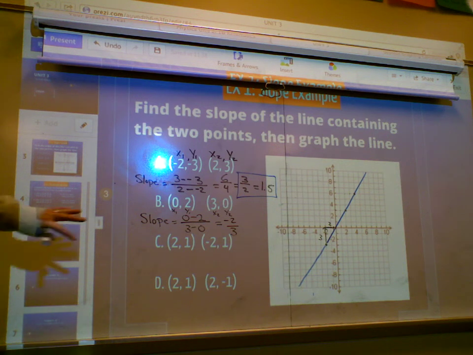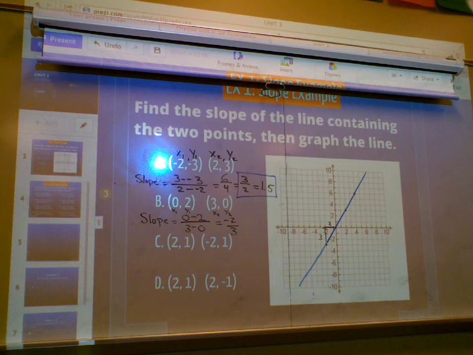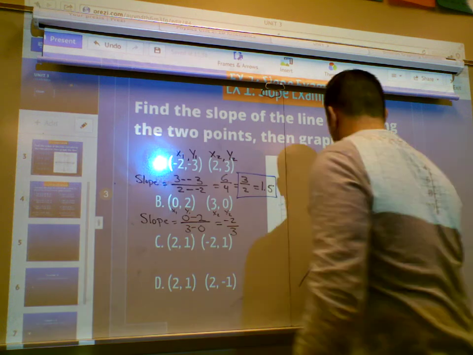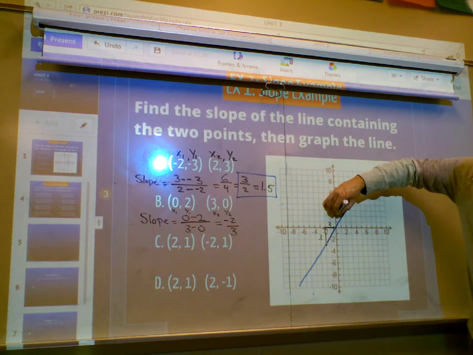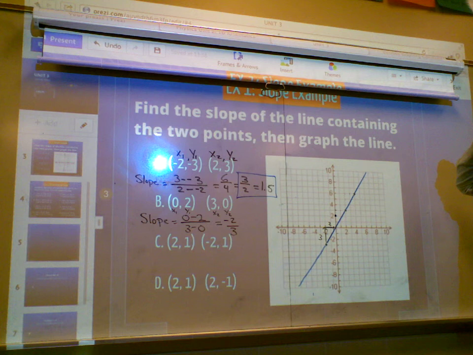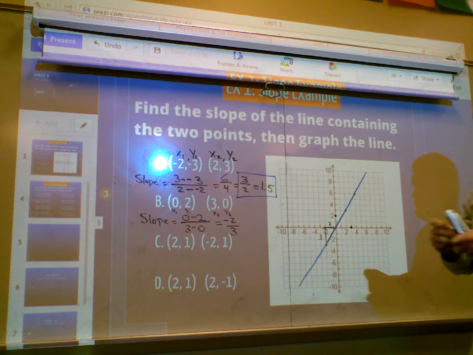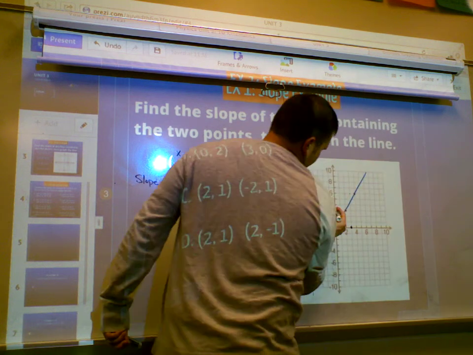So, slope is negative 2/3, right? So let's plot these points here beneath. First one, (0, 2). Second one, (3, 0). Right. I'm going to draw my line now.